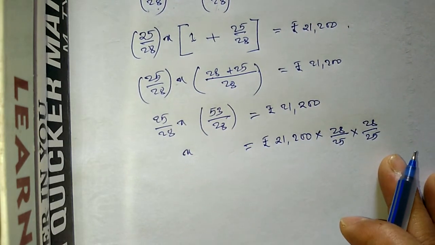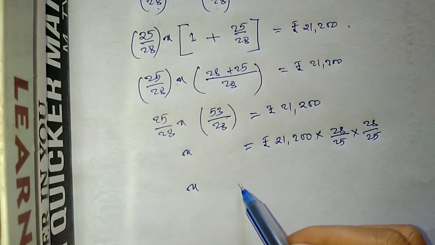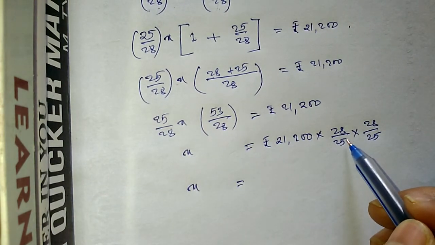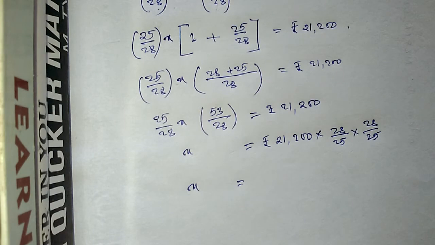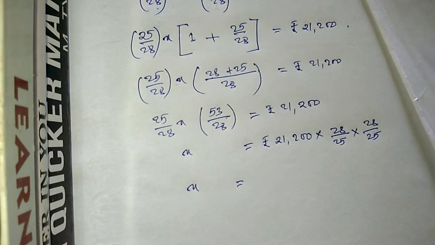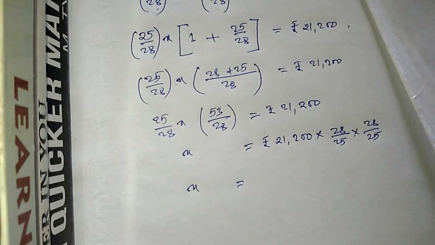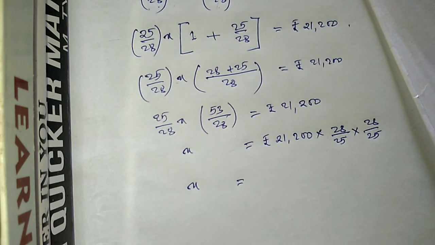If we simplify this, 25 and 25, cancel. Let's do here 21,200 divided by 25, and 28 times 28 and 25. Simplifying step by step, 5 times 5, and so on.